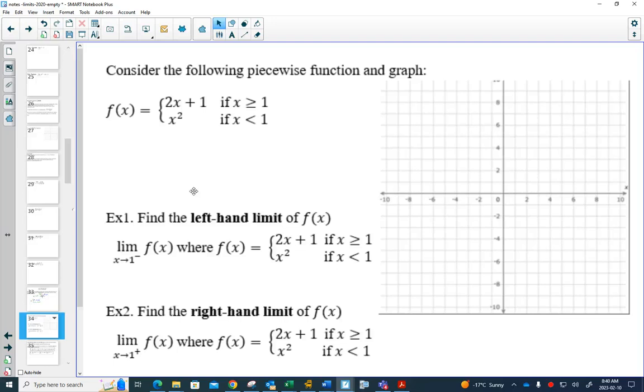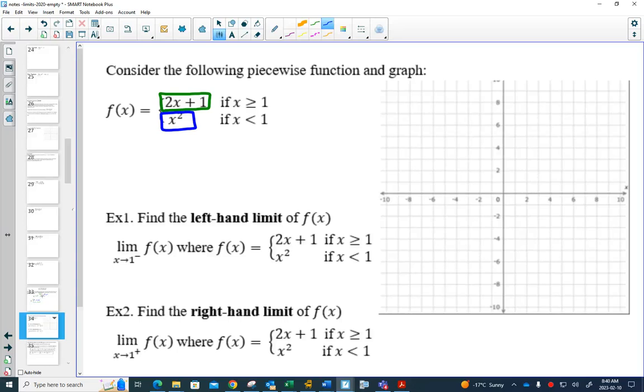And if you're graphing these, again, I'm going to color code them here. I'm going to look at the 2x plus 1. I'm going to do that part in green. And I'm going to do the x squared part in blue. And I'm going to start by graphing them just with a faint dotted line. If you have a pencil, you can maybe do them first in pencil, and then we can color them in afterwards with their color.